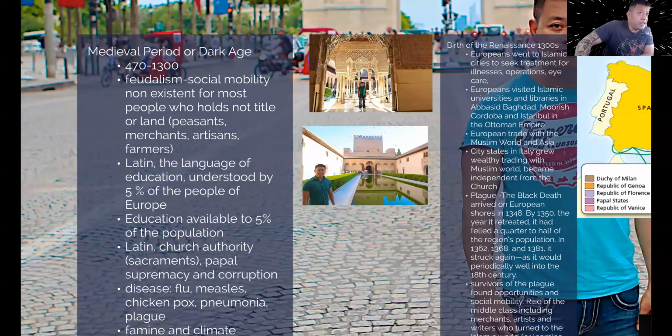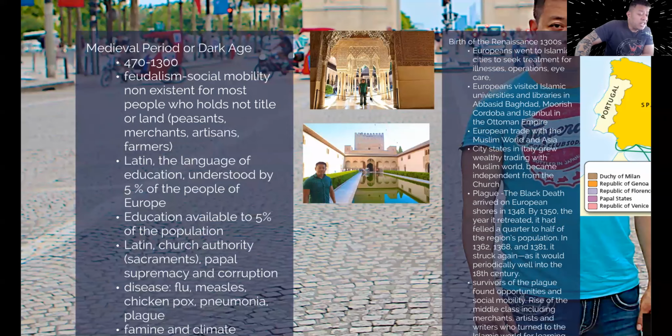Contrast that to life in the Islamic world. Life was better for people in the Islamic world. People in the Islamic world suffered less disease. Cities were cleaner. Life in the Islamic world was more comfortable due to technology like sewage and irrigation.